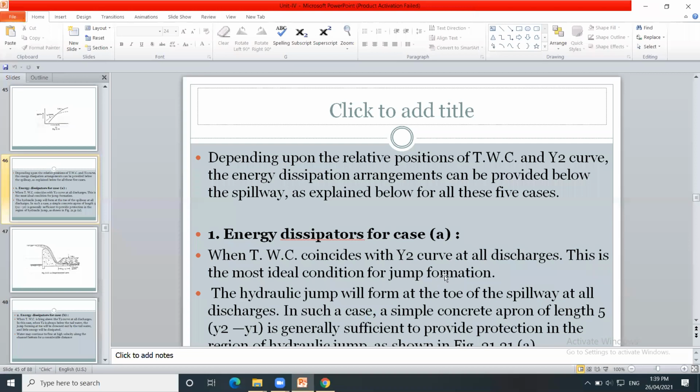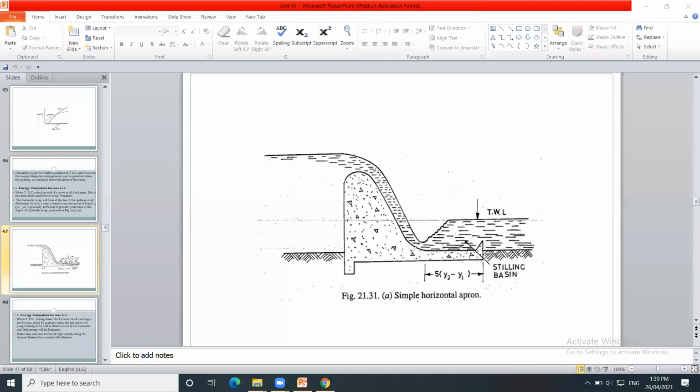A diagram मध्ये दाखवलं पहा. See this, a simple concrete apron. This is the concrete apron which is made on the downstream side having length 5 into (Y2 minus Y1).